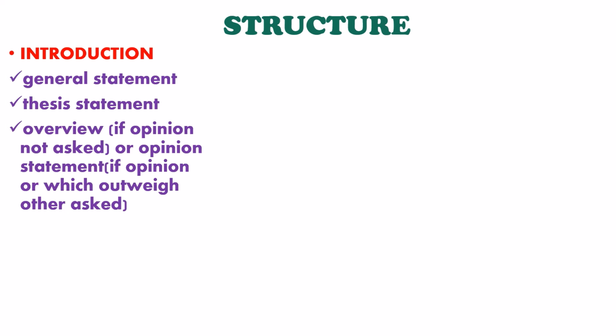As you all know, we get three types of advantage disadvantage questions. One will be: what are the advantages and disadvantages of something. In such questions you will not be asked to give your opinion but just list the advantages and disadvantages. So in the questions which do not ask your opinion, you will give your overview statement.